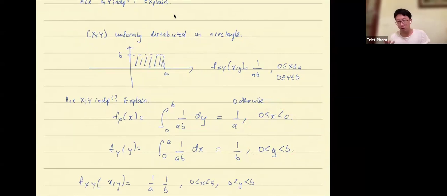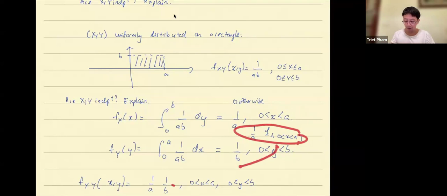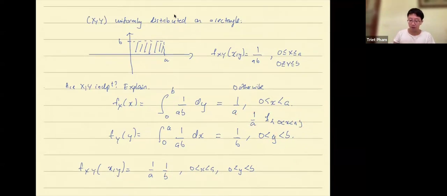We won't go beyond this in this class, but in 481 in statistics, if you ever take that course, the boundary, the support, will be part of the density, written using an indicator function. And so in that sense, the product of the densities will also have the indicator function attached with it. Okay. But like that. So that's why they're independent.